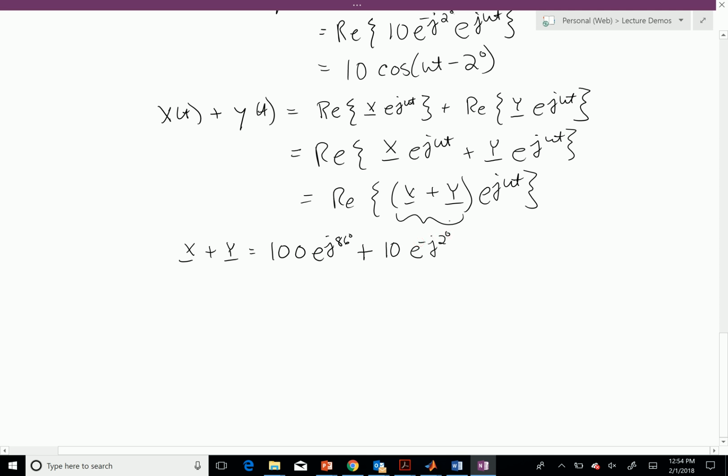Now there's no easy way to add stuff in the polar form like this. So I really have no choice but to expand this out into rectangular coordinates.